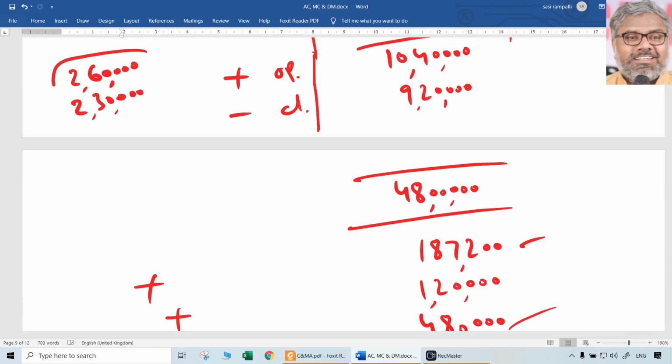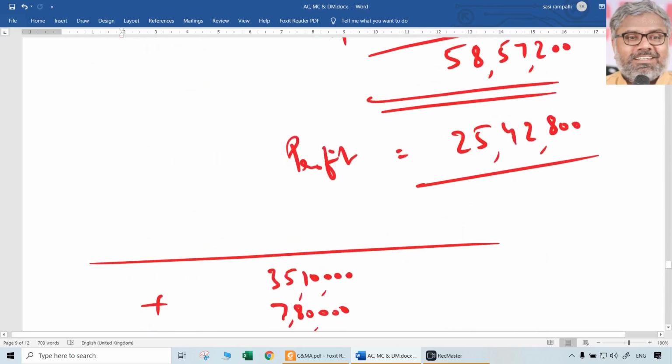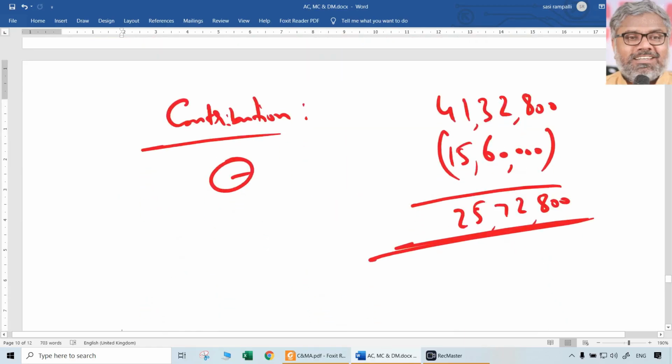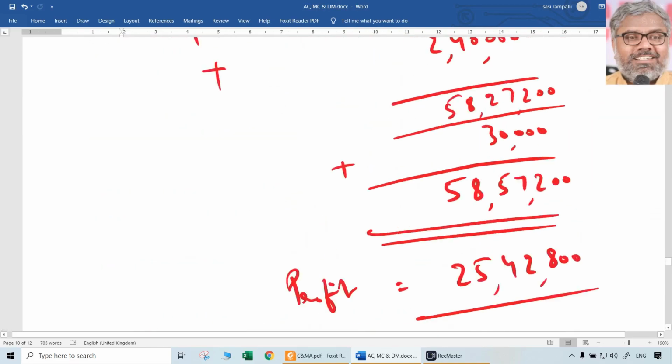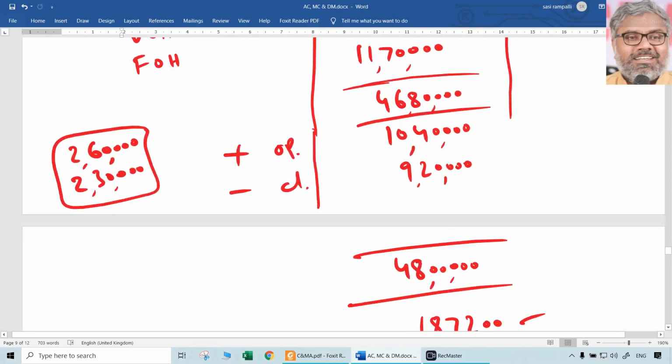So naturally, when the difference in opening stock is more than the difference in closing stock, absorption costing was showing the profit which was lesser, 25 lakhs 42,800 only, and marginal costing is showing higher profit, 25 lakh 72,800. So marginal costing profit is more than absorption costing by 30,000. Why is that? Because closing stock difference is lesser by 30,000 than the opening stock difference.